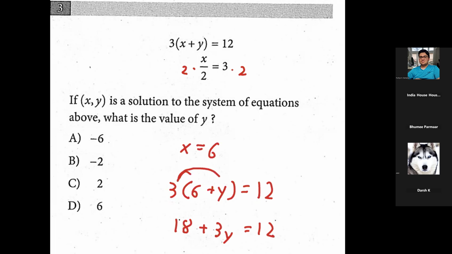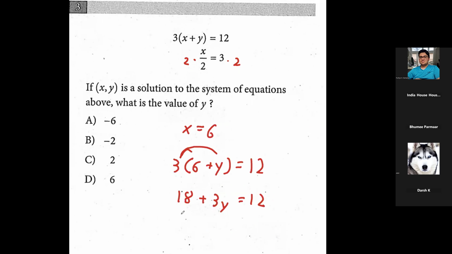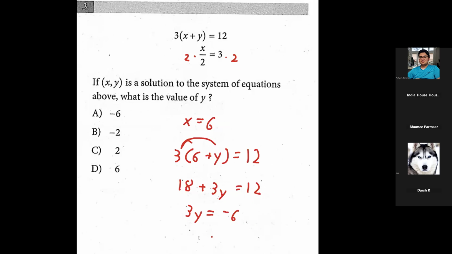Subtract 18 from both sides, and we get 3y equals negative 6. Then divide both sides by 3, and we get y equals negative 2. The correct answer is choice B.